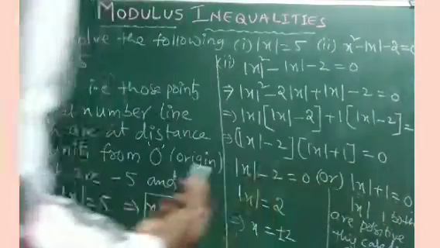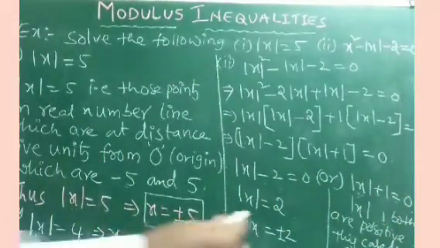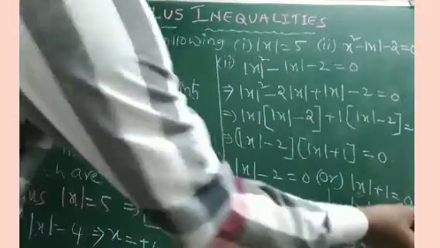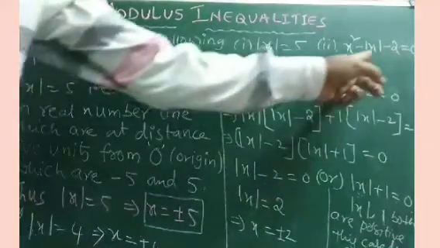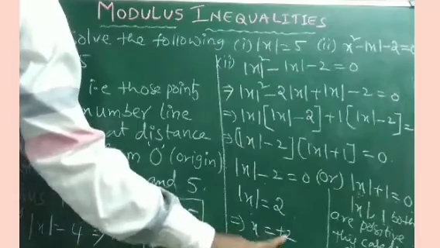Better to write that this case does not exist, because both are positive numbers. So the sum of the two numbers is never 0. So finally the solution of the second one is x can be plus or minus 2.